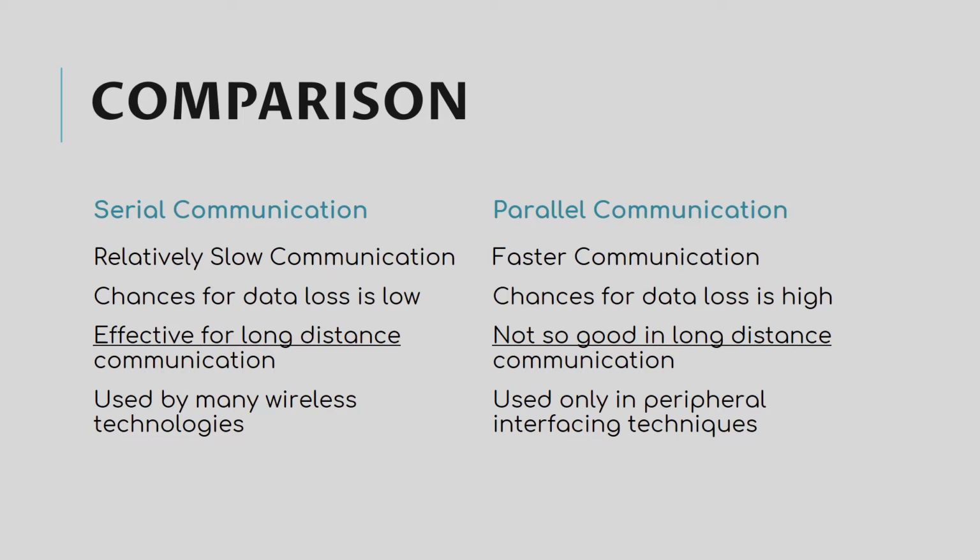Serial communication is a relatively slower process, but parallel communication is a faster technique. Chances for data loss are very low in serial communication, but very high in parallel communication, as all the pins are connected through wires.